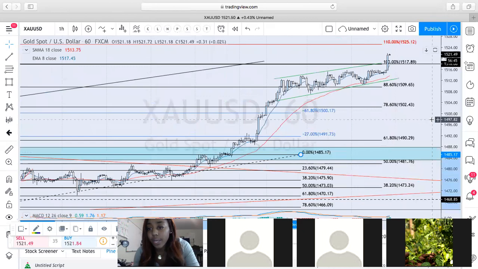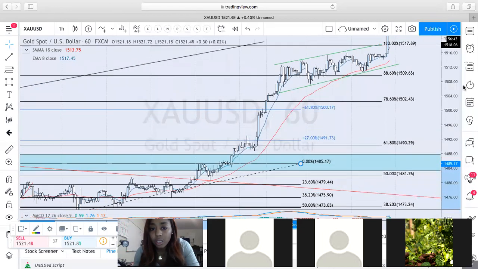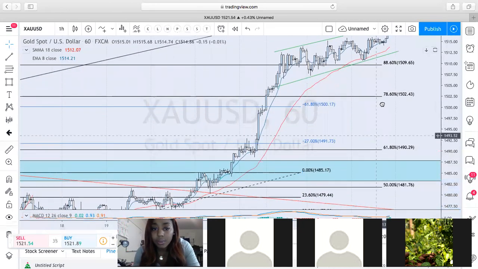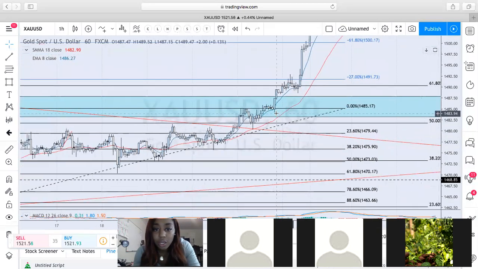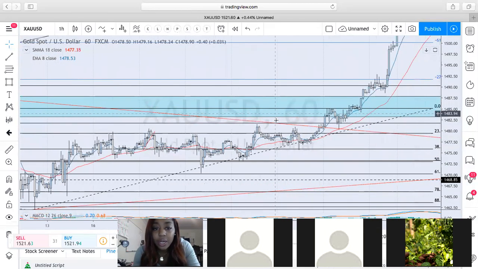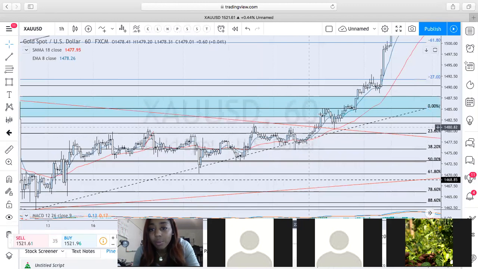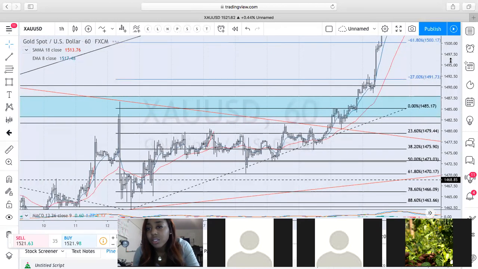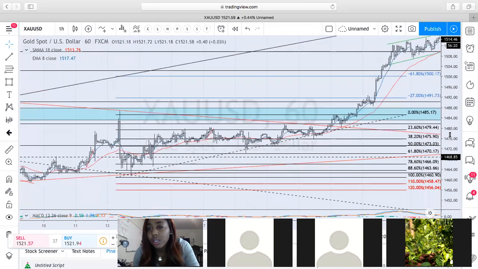This is what I meant. You see how here, when we approach this level, we had a breakout here and then a retest of this triangle. And then boom. Trend line bounce, trend line bounce, trend line bounce higher. You see that? Yes. Okay.